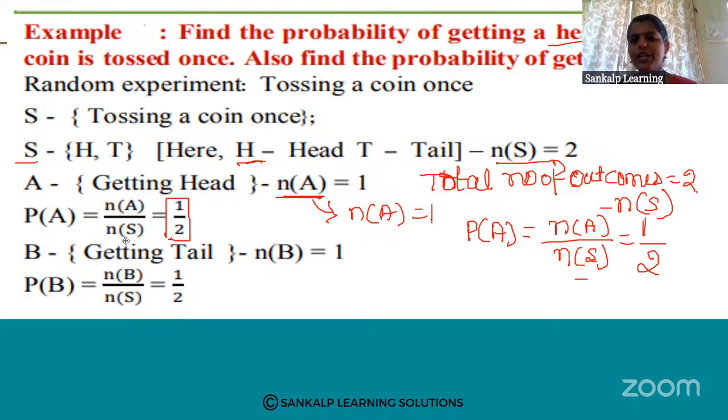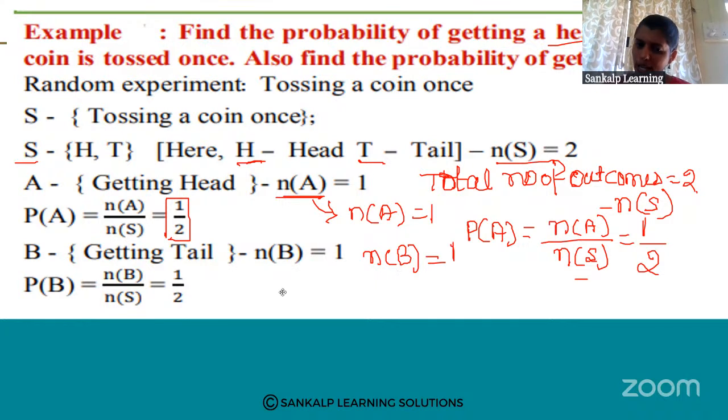Next, the probability of getting tail. How many times are you getting tail? Only one time. That I will call n of B. You can take any name you like. N of B is 1.